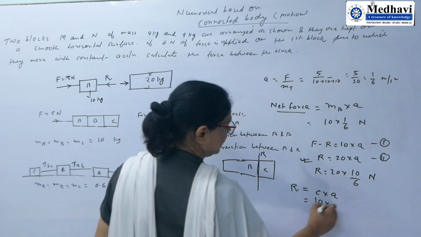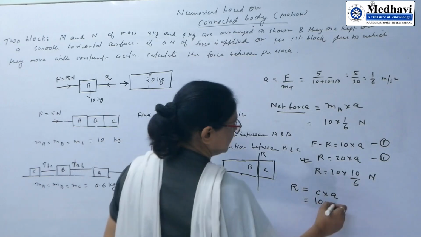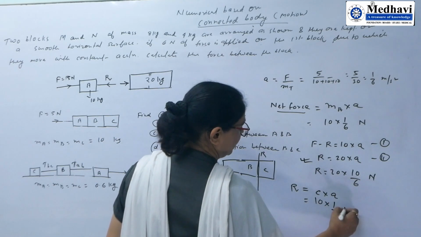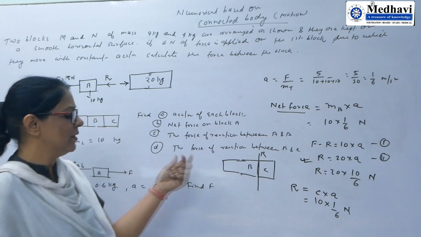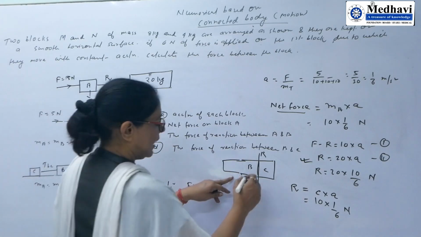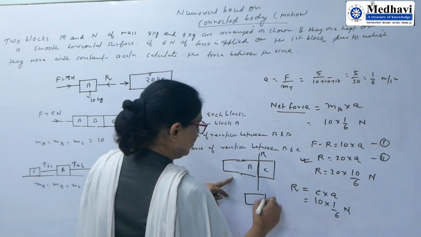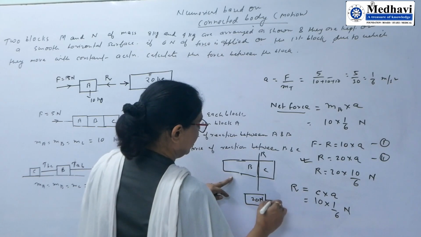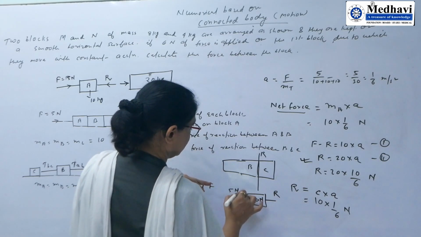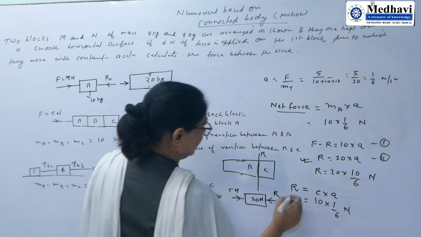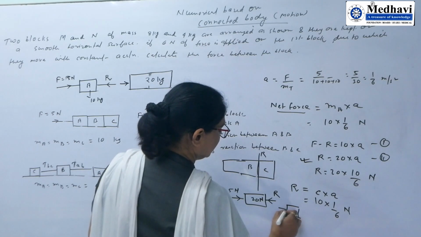It is 10. And what is A? That is 1 by 6, in Newton. You can use this also, but no need because this part is easy. If you want to draw the FBD, then you can write 20 Newton here. Here is the R. Here is the 5 Newton of force. Here 20 Newton. And for C we use, here is the R.